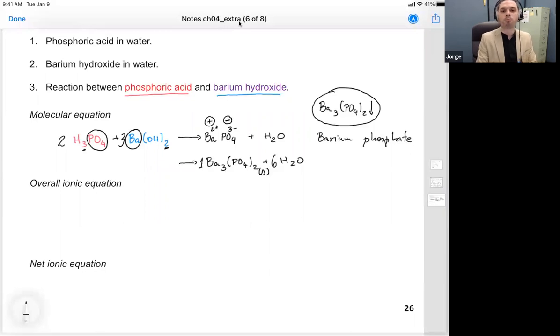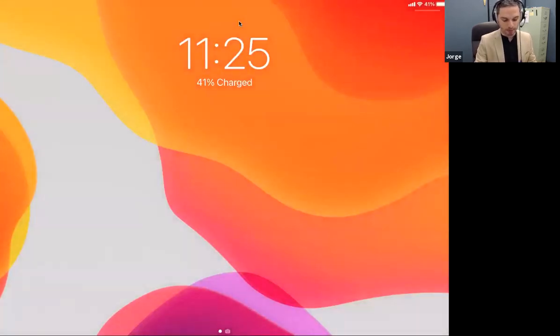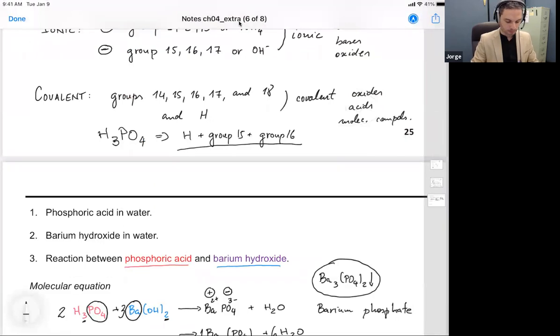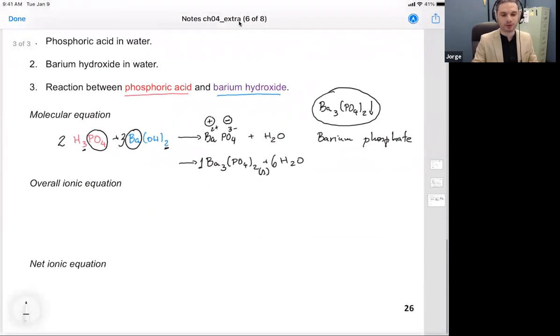All of those point to some sort of reaction that occurred. Okay? So we are always looking for something to change or something to happen. And that gives you the hint that the reaction occurred.